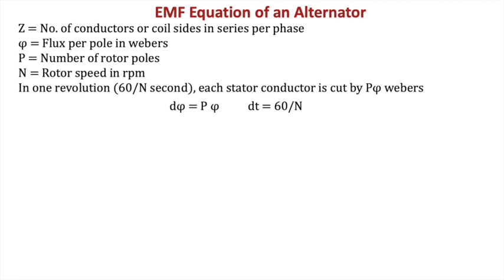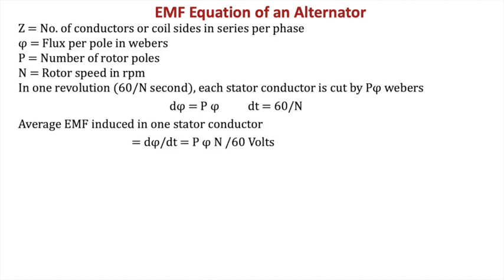Each stator conductor cuts the total flux, P into the flux per pole. So the total flux cut is P phi, and for one complete revolution the time taken is 60/N. So we can say that d phi is equal to P phi and dt is equal to 60/N.